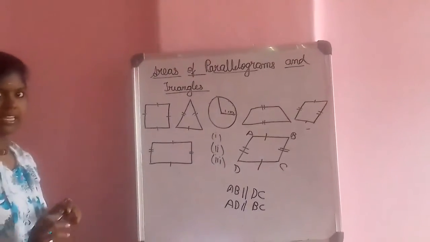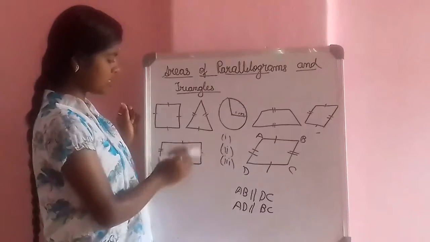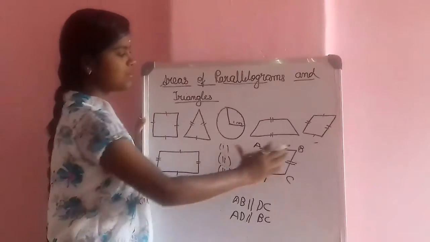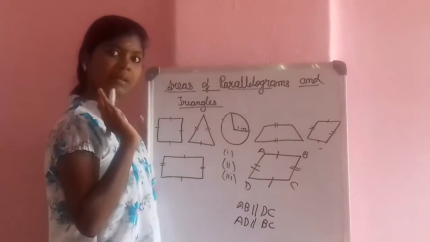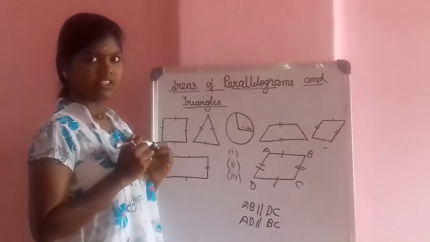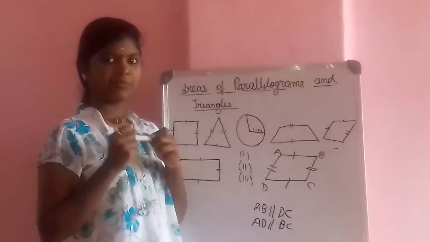This is a rectangle where opposite sides are equal. Similarly, in a parallelogram also, the opposite sides are parallel to each other. That's why it is called a parallelogram.